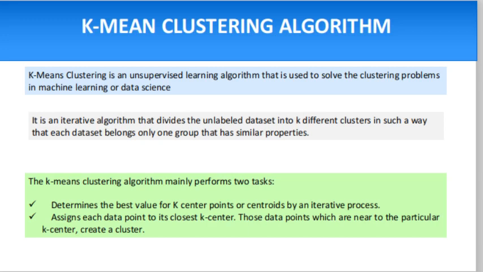The k-means clustering algorithm. Basically, k-means clustering is an unsupervised learning algorithm which groups the unlabeled dataset into different clusters. Here k defines the number of predefined clusters that need to be created in the process, as if k is equal to 2 there will be 2 clusters, and for k equal to 3 there will be 3 clusters, and so on.